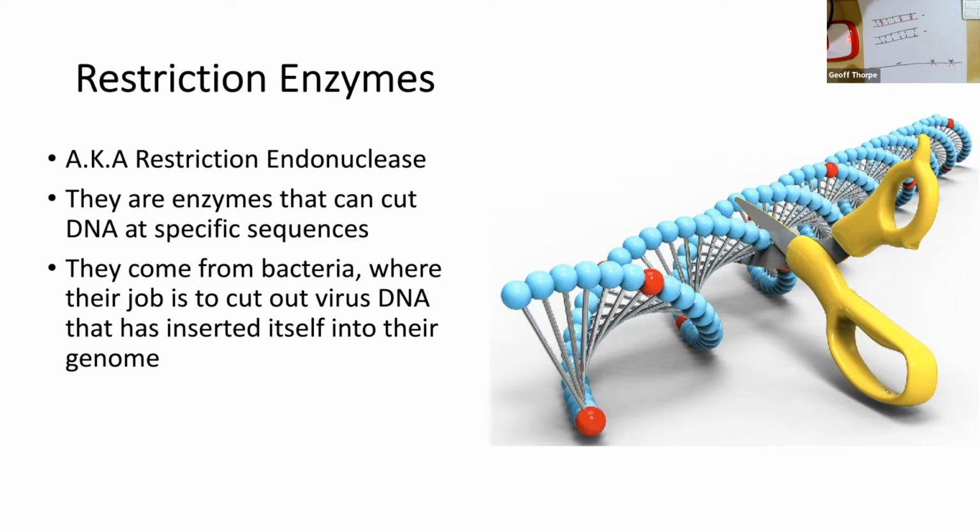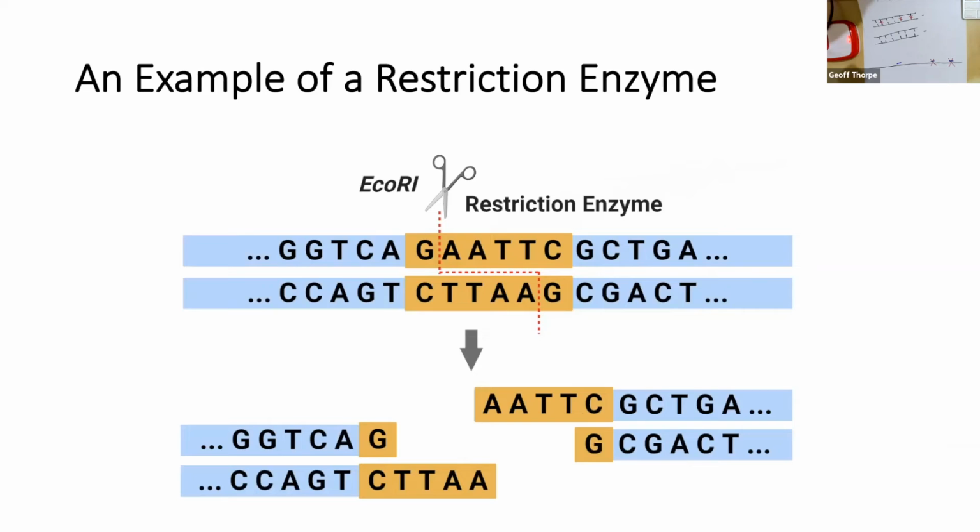Different species of bacteria each have their own restriction enzymes that cut at their own specific sequence of DNA. This just shows you one little example of how it works. This is the enzyme EcoR1 that comes from E. coli. It recognizes a sequence of 6 nucleotides.